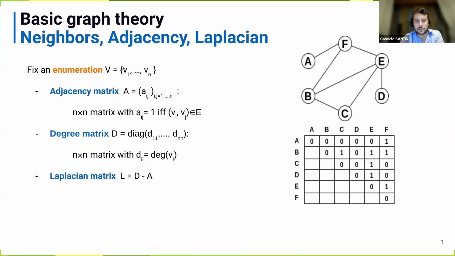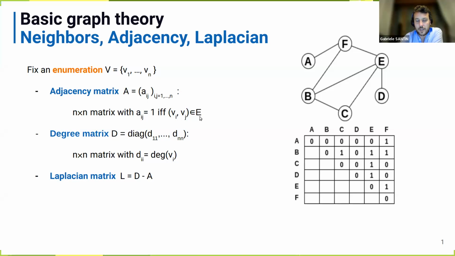So now they are sorted. And once that is fixed, you can define the adjacency matrix, which is represented, for example, below here for the graph above. This is a square matrix with the same dimension as the number of nodes in your graph, and it has a 1 if and only if there is a connection between node I and node J.